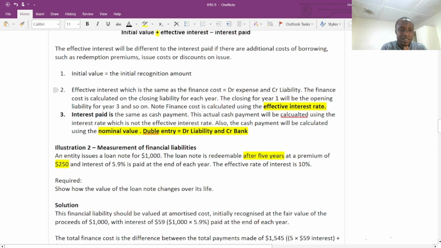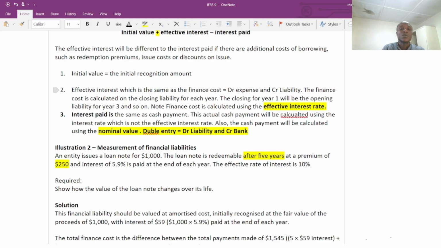The interest of 5.9% is paid at each year end. When we calculate the interest paid, the cash payment will be 5.9% multiplied by the nominal value of 1,000. The effective interest rate we are going to use to calculate the finance cost. So basically, this will be the concept.